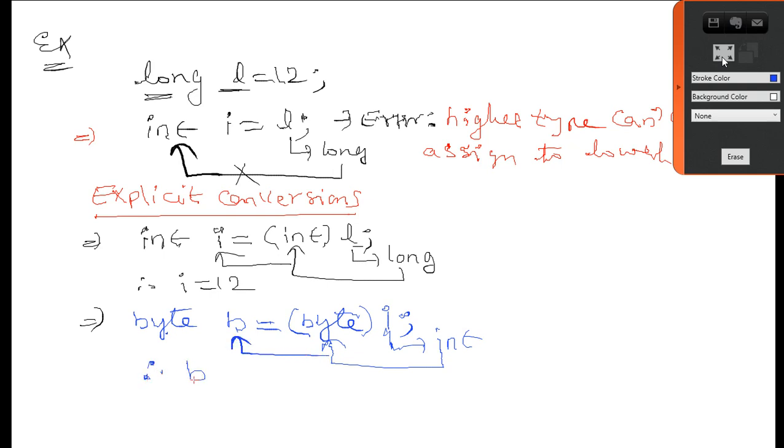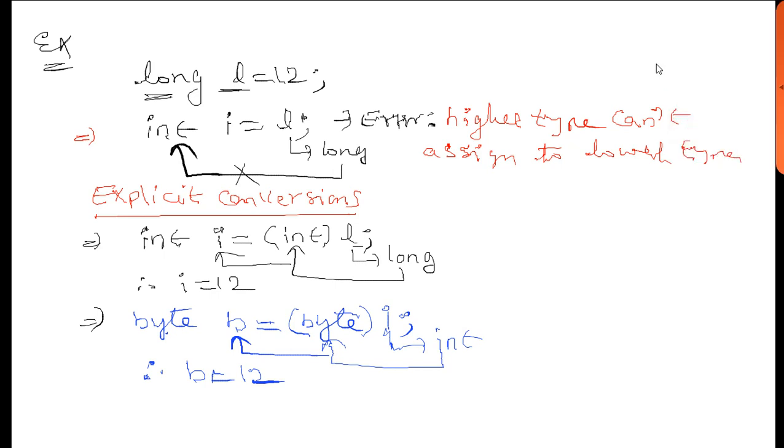Therefore the b value will be 12. So what is happening here? The integer value is converted to byte and assigned to b. These two are called explicit conversions.